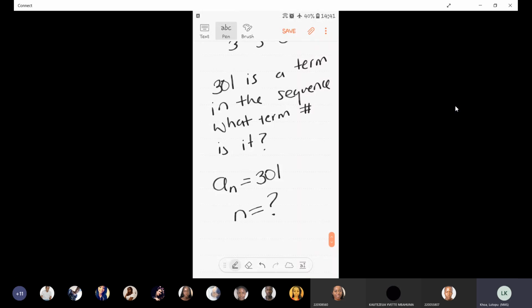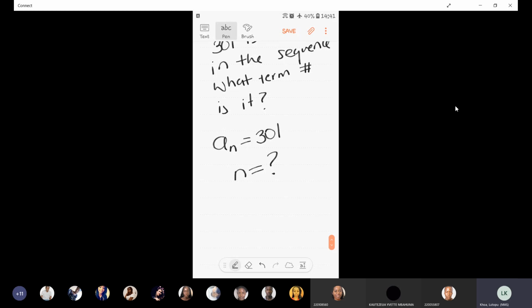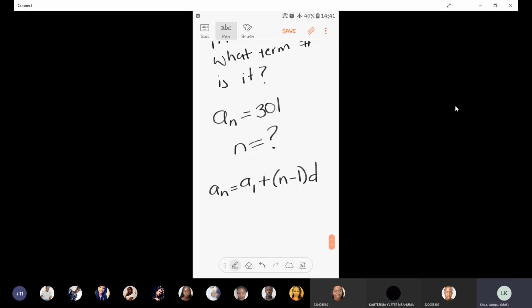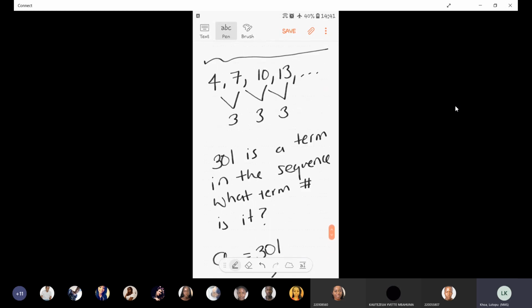So we would do it in pretty much the same way. We can come up with a formula for the nth term, and then we equate that to 301, and then we solve for n. So we know that in general, a_n is given by a_1 plus (n minus 1) times d. So d we already worked out. We say that d is equal to 3. It's the common difference. Any two consecutive terms, you work out the one on the right minus the one on the left. So this was our d.